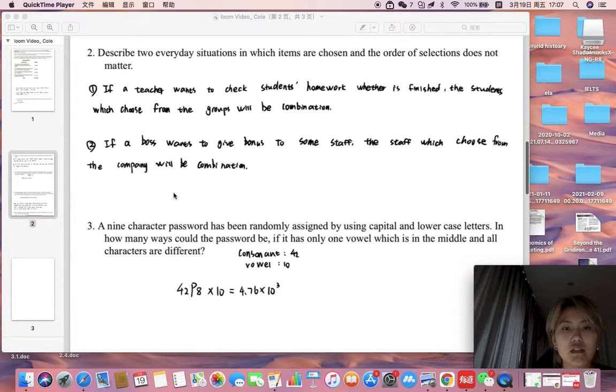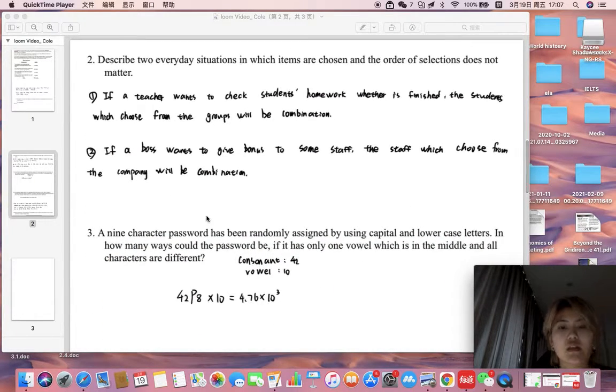And the number 2 question is to describe two everyday situations in which items are chosen and the order does not matter. My answer is, if a teacher wants to check students' homework, whether it's finished, the students chosen from the group will be a combination.